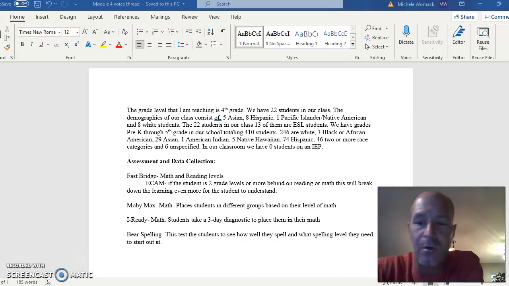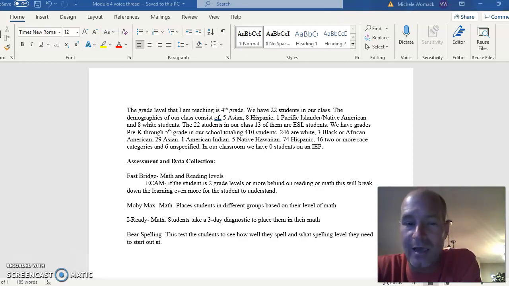In our classroom, we have about 4 that are at least 2 grade levels behind where they need to be in both those categories. MobyMax places students in different groups based on their level of math.